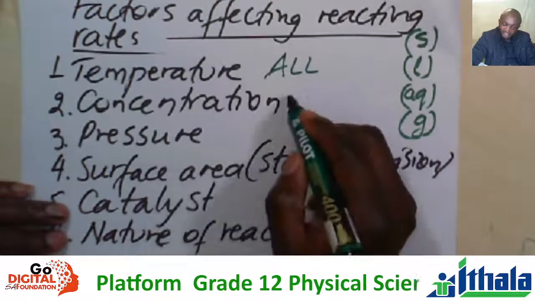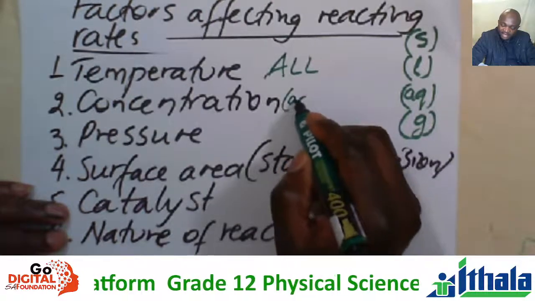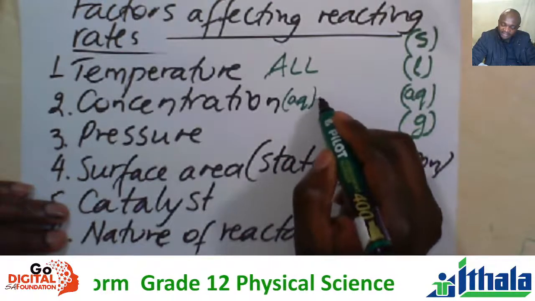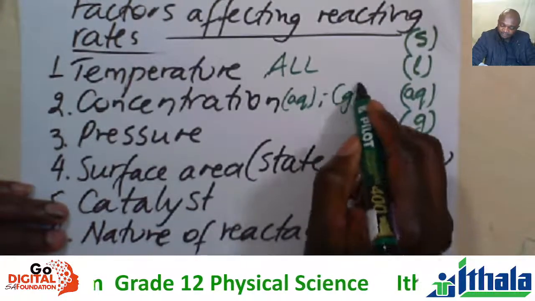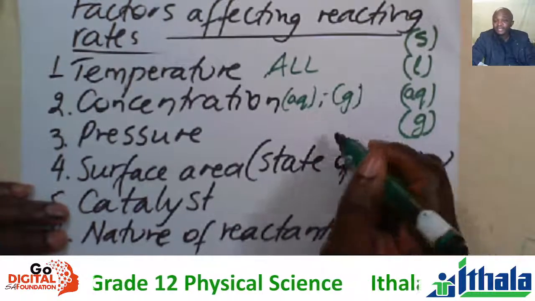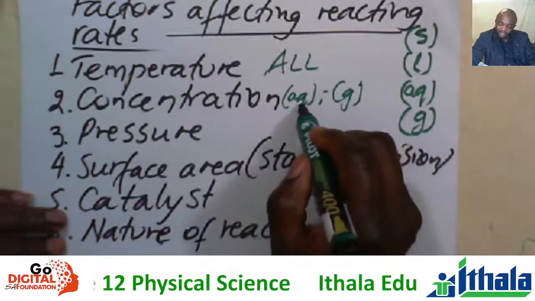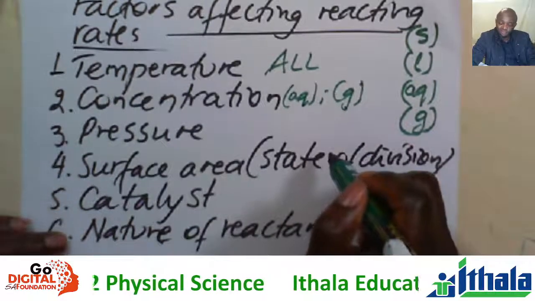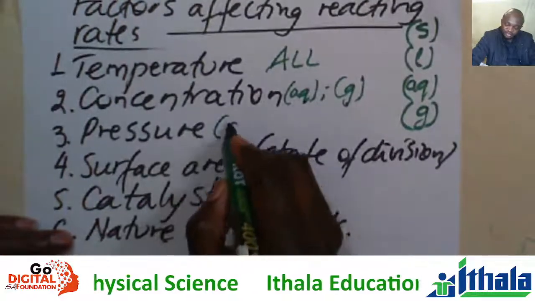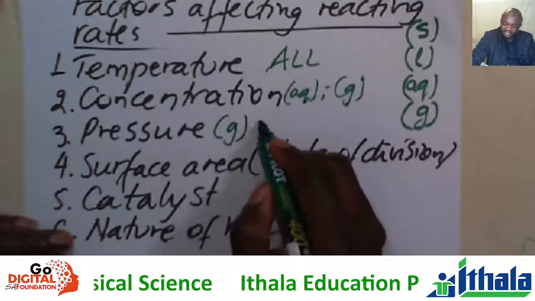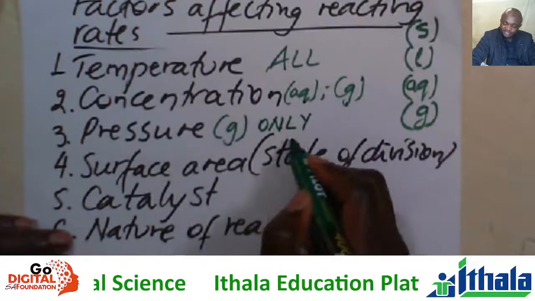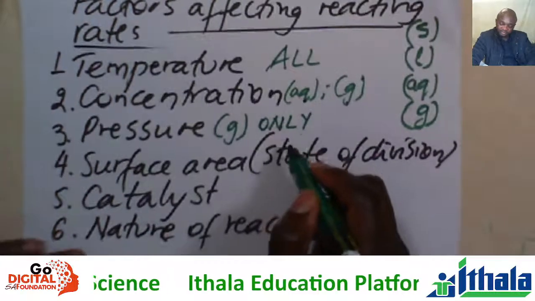Concentration. Concentration will affect ama-aqueous kuphela nama gases. So for concentration is applicable for aqueous solution and for gases. For pressure, this one only, right? Gases only. Kumele sibe specific lana, gases only.